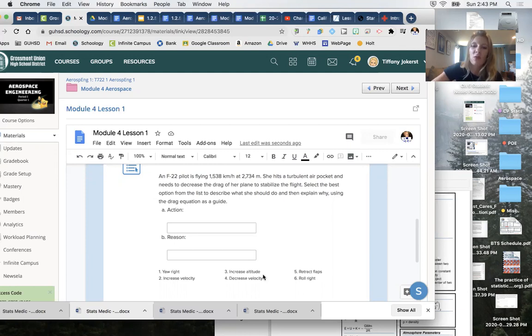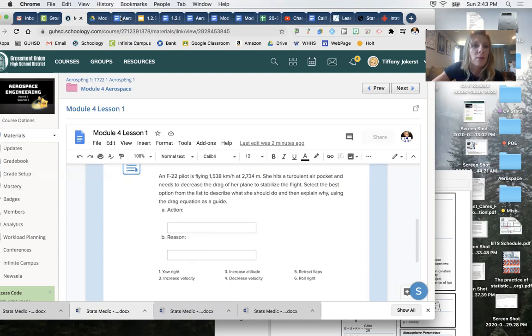To increase thrust, we would be increasing our velocity, or the speed. So the action is number 2, which would be to increase your velocity. And the reason is to counteract drag, we would have to add more thrust, which is increasing your velocity.